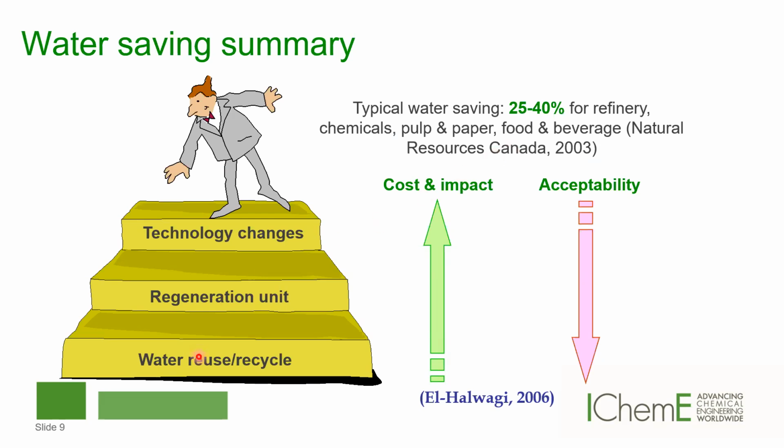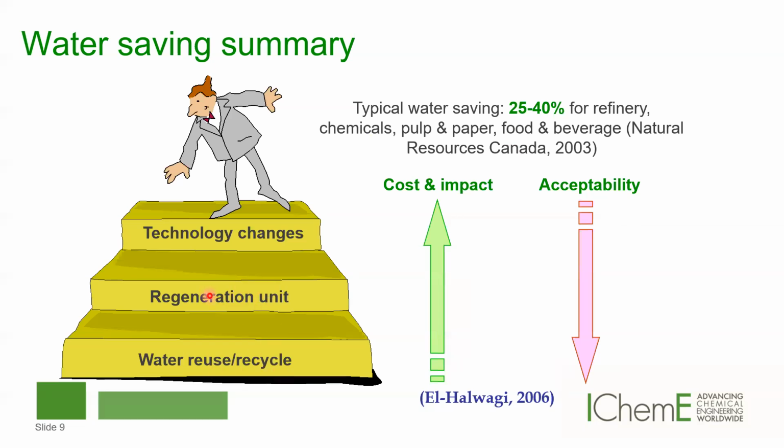So we have the low hanging fruit. Are you familiar with that term, low hanging fruit? It is the water reuse and recycle, which is what we did in the past lessons, because it is low cost and low impact compared to the other strategies.